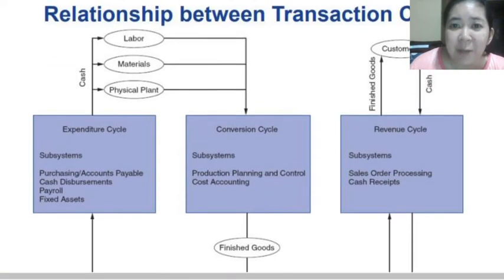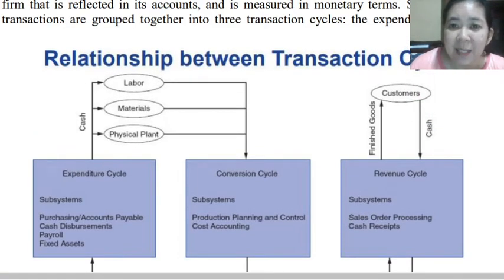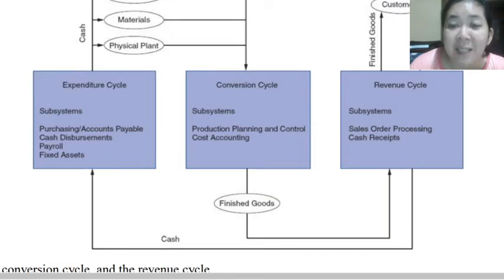Okay, so our revenue will be the source of the cash of the entity that they will use again for the expenditure cycle. Okay, so that's what they will use in purchasing the needed raw materials, for paying the labor and factory overhead and other assets that are needed.